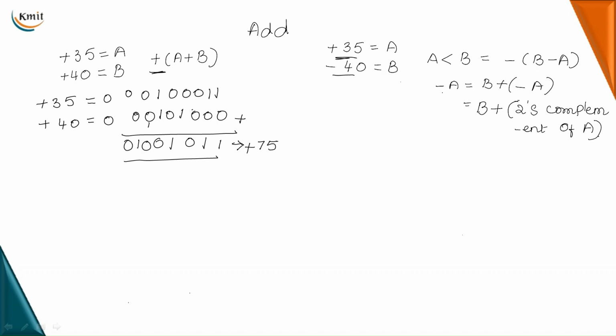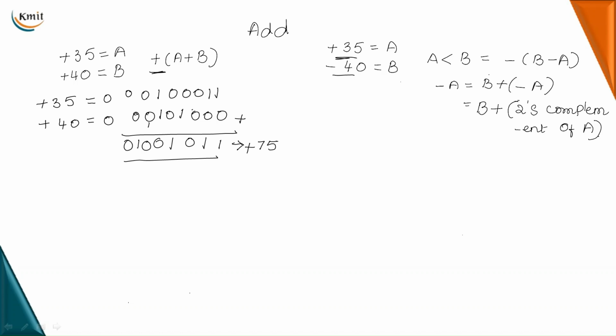When one is positive and one is negative, I have to check if A is less than B, A is greater than B, or A is equal to B. Don't consider the signs, consider only the magnitude, just the numbers. A value is 35, B value is 40, so A is less than B.